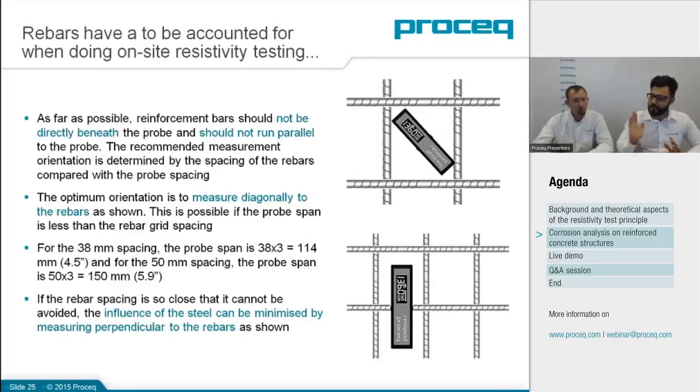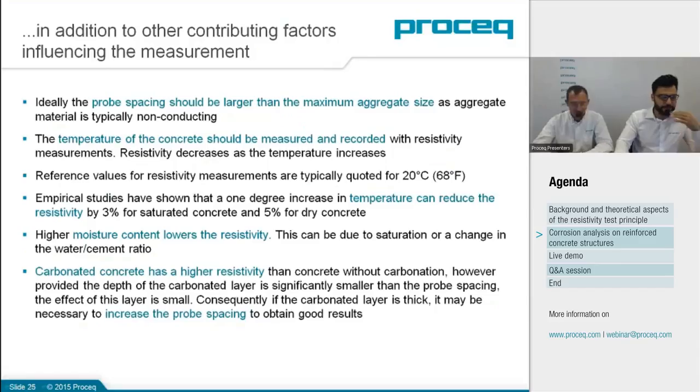But number one priority when you do a resistivity test: get your rebar locator cover meter out and locate your rebar. That is something unavoidable. So number one rule, always know where your rebars are, locate them, and know what your cover is, because that's what dictates the health of your resistivity measurements.